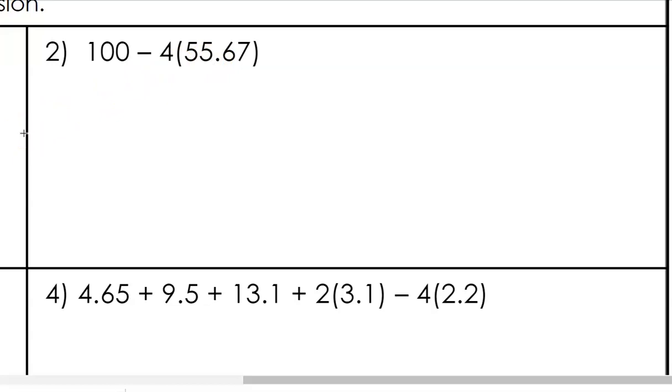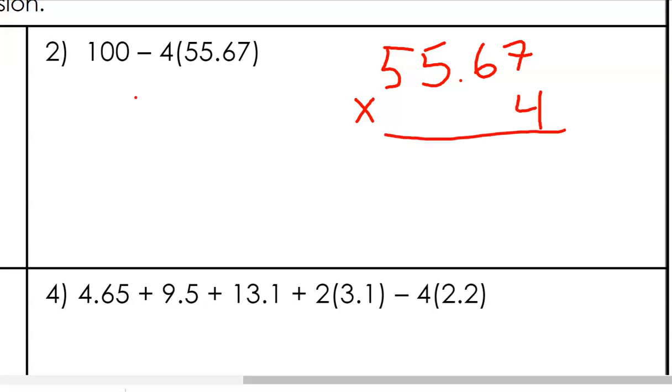So we have 55 and 67 hundredths times, I'm old school multiplication here, 4. We know our answer is going to be a negative, so I'm going to go ahead and put a negative there. Bring the 100 down. A negative times a positive is going to be a negative. Minus sign, which can also represent a negative, okay?